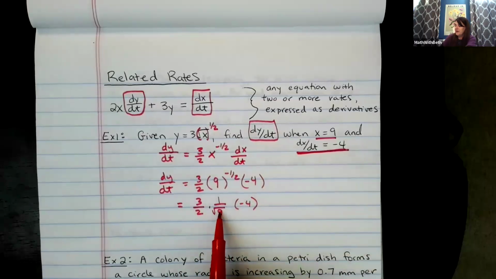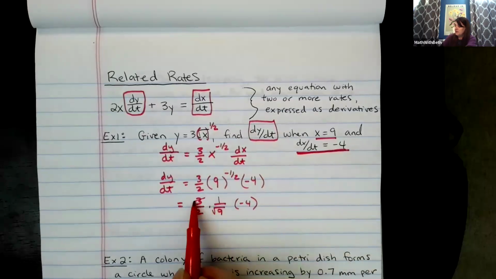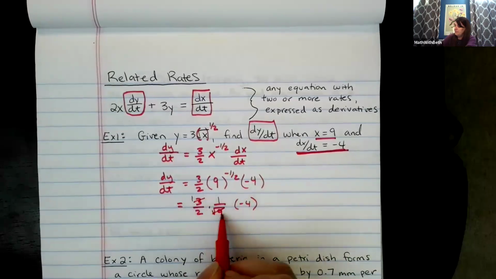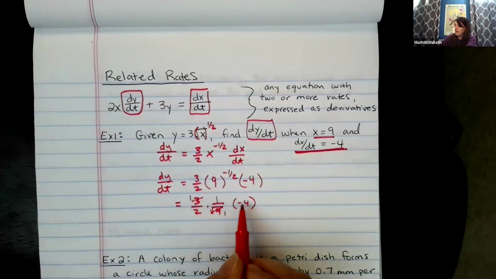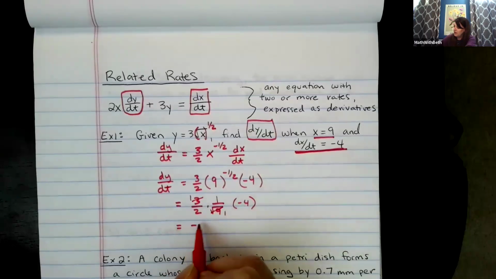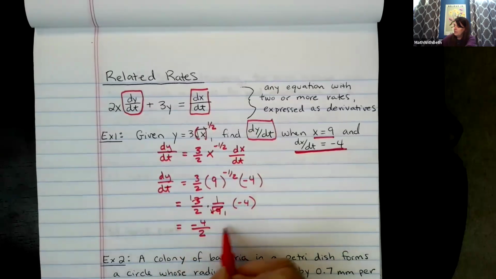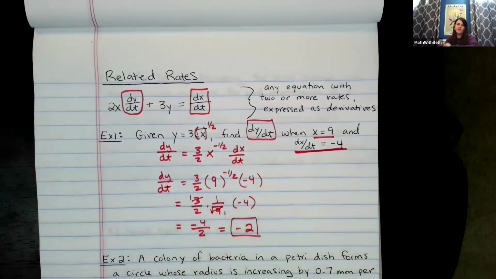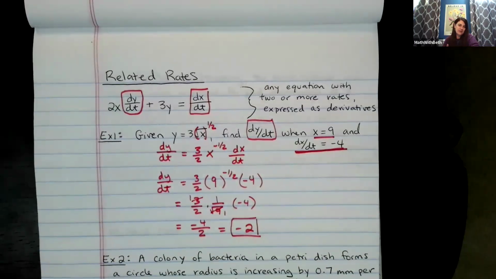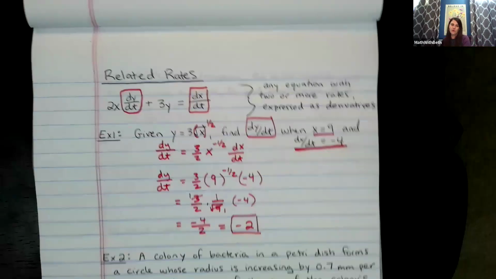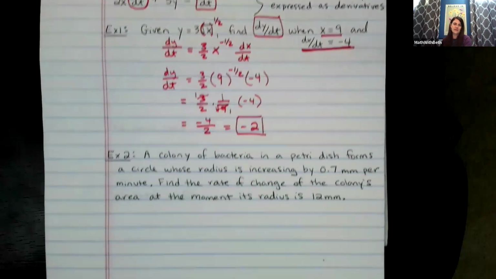So since this is 3, we really can reduce the 3 and the 3. So we really end up with -4 on top, 2 on the bottom. So in other words, -2. So that is the rate that y is changing with respect to t. But since this isn't an actual word problem, that doesn't mean too much. So let's do a word problem and see if this makes a little more sense.